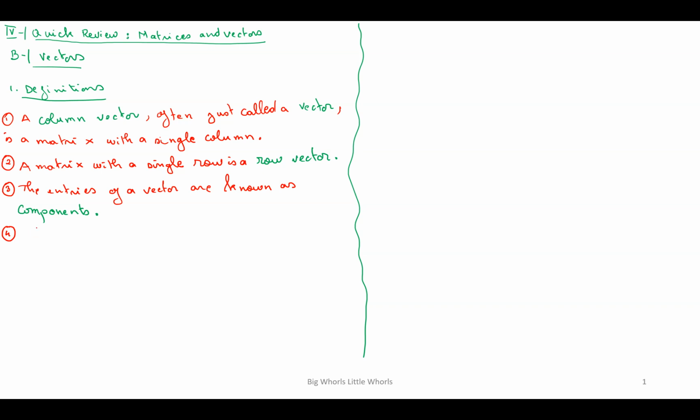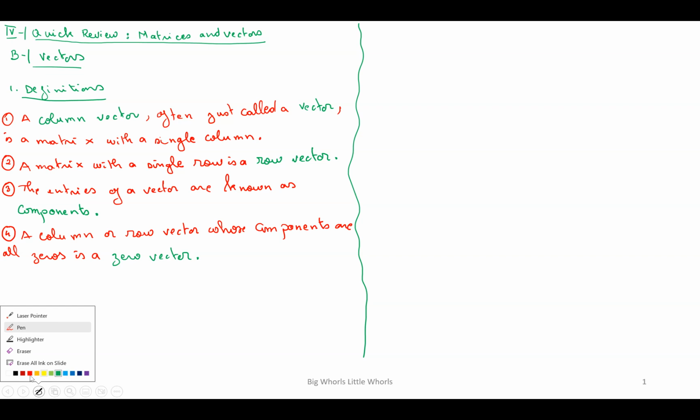Okay, a column or row vector whose components are all zeros is a zero vector.